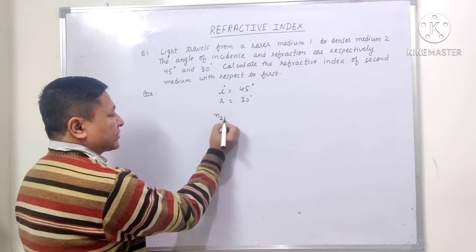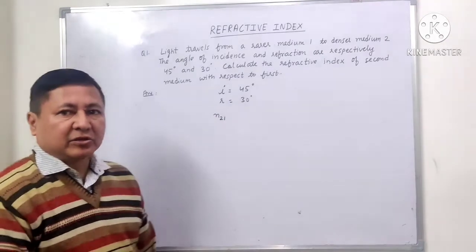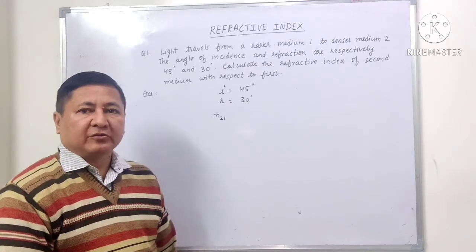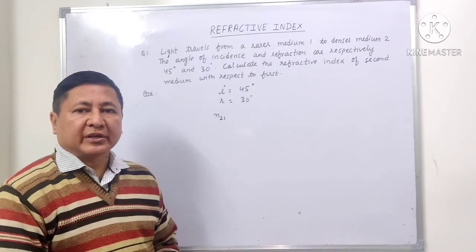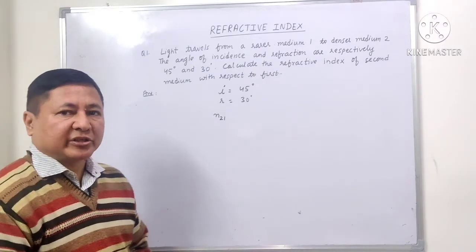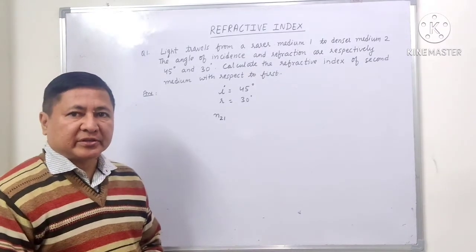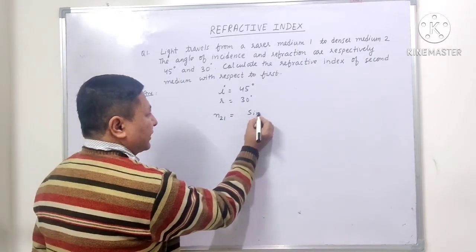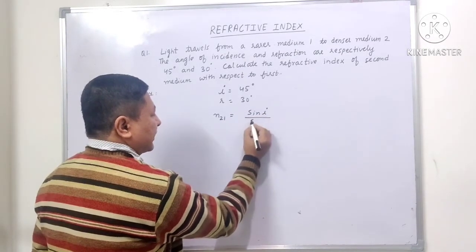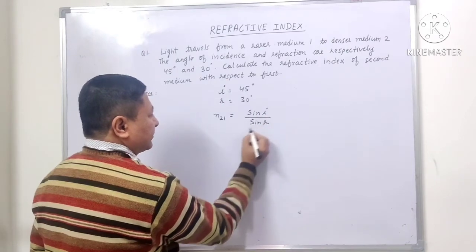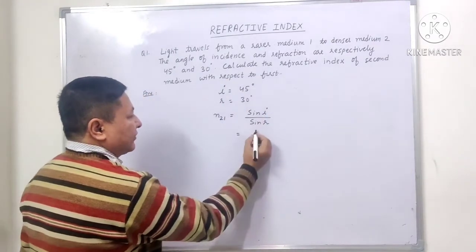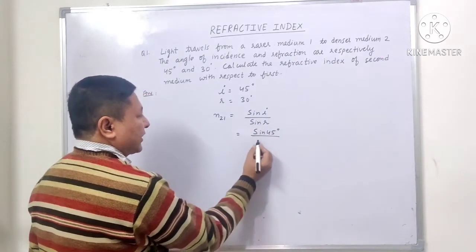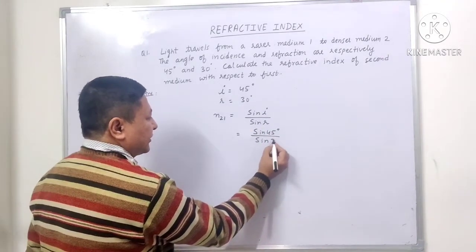Now we will apply Snell's law. And Snell's law, as we have told you, says that the ratio of the sine of the angle of incidence to the sine of the angle of refraction is constant, and that constant is nothing but the refractive index. So n21 is equal to sine of angle of incidence to sine of angle of refraction. The angle of incidence is 45 degrees, so sine 45 degrees upon sine of the angle of refraction, which is sine 30 degrees.